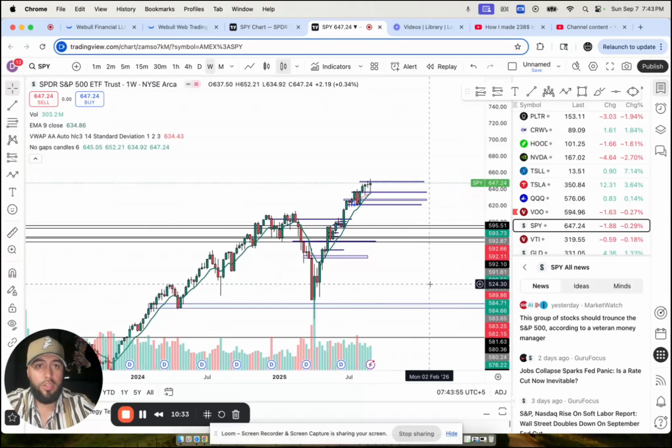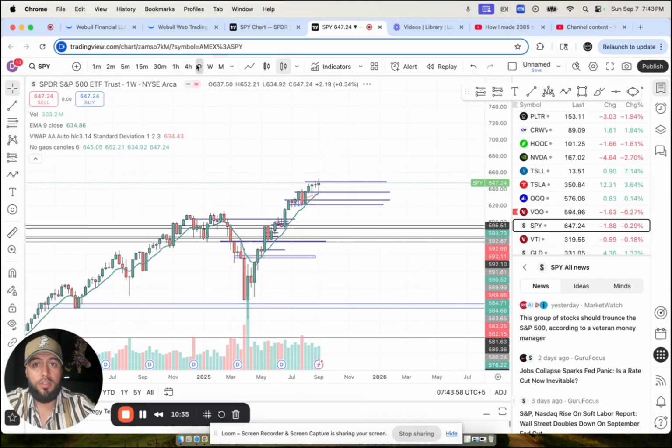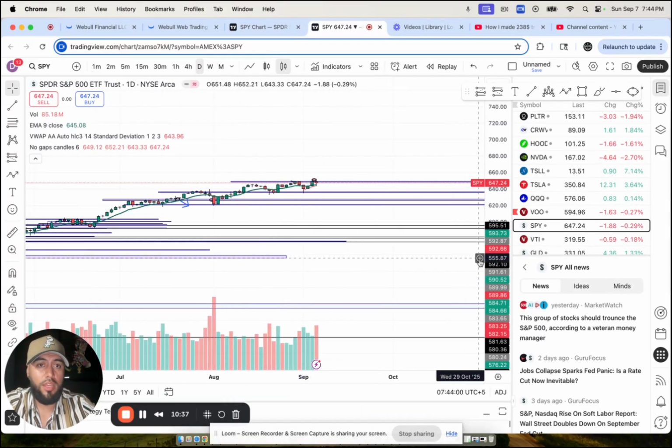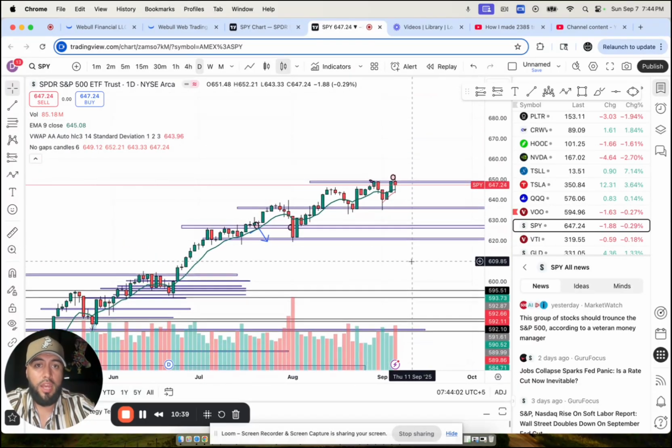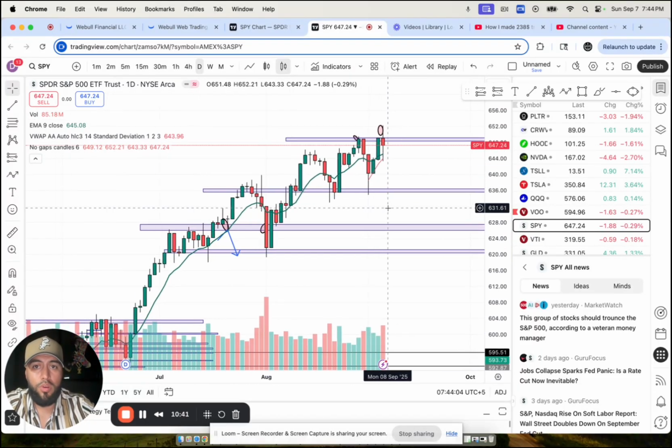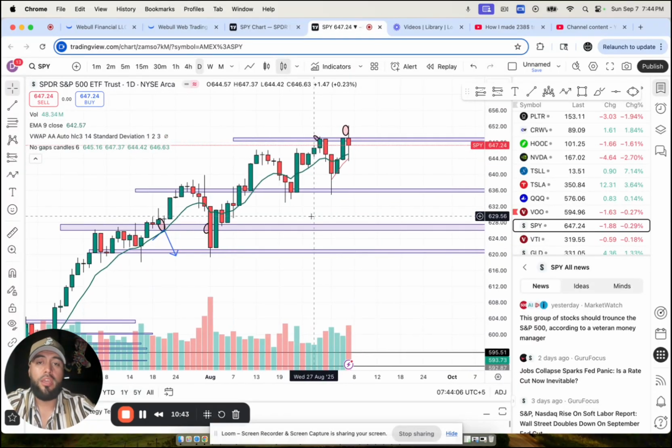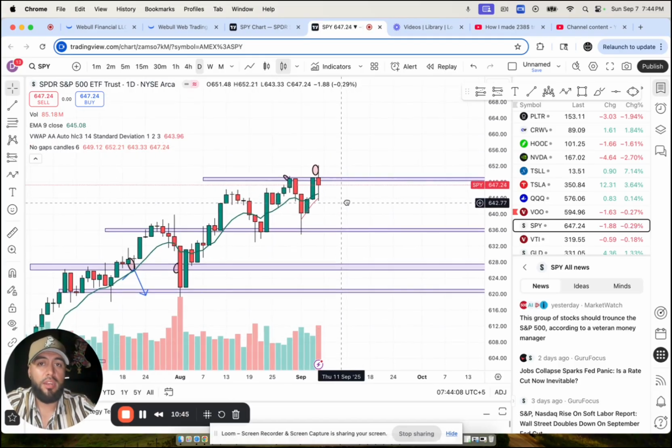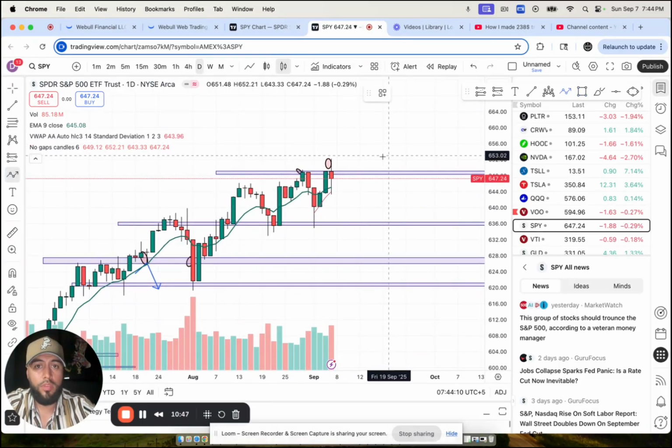But our daily time frames, same thing, higher highs and higher lows. And we are looking for those psych levels, whether we break to the upside, we retest and continue higher, or now that we are under it, we can retest and go down.